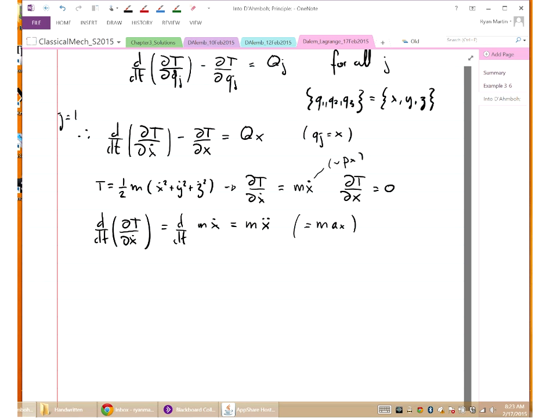Alright, so now we actually have everything. We have both the left side and the right hand side of the equation, so we can put this all into D'Alembert's principle. And so then we get the x component of D'Alembert's equation, right? So the left hand side is going to be just mẍ, and then the right hand side is going to be minus ∂φ/∂x.